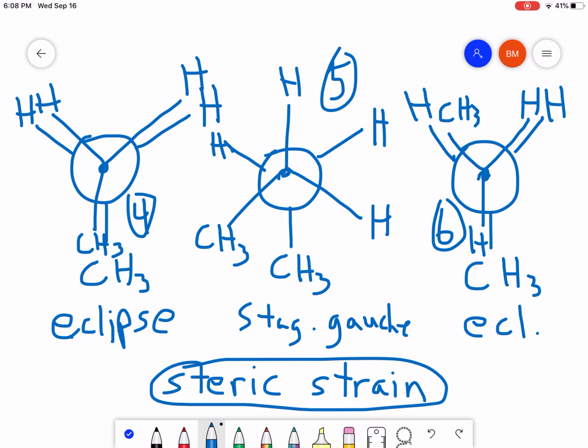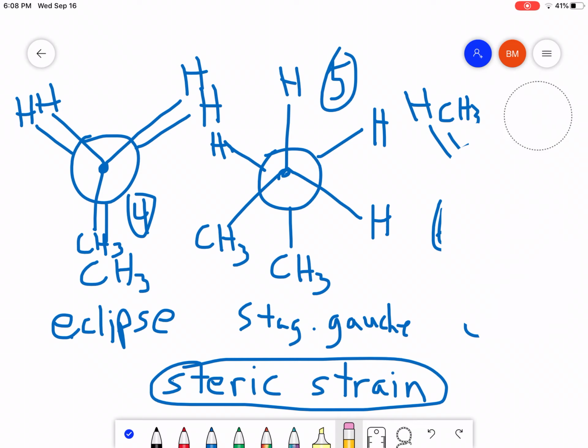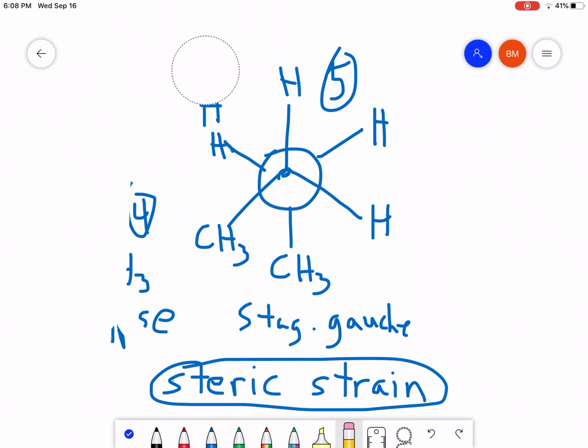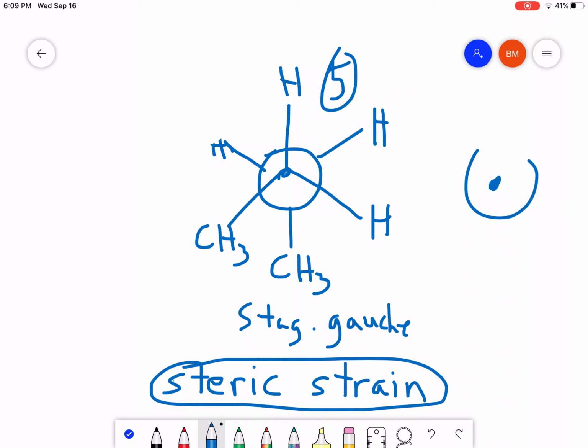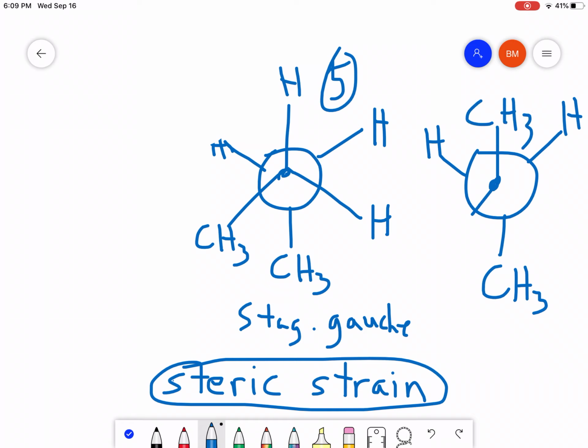So specifically what we're going to be looking at really is going to be the CH3 groups, right? For example, if we were to compare, and I'm going to erase some of this here just so you can see, if we were to compare a staggered gauche with a staggered anti. So I'm going to just draw this little fella back up here. Okay, let's look at the CH3 groups.